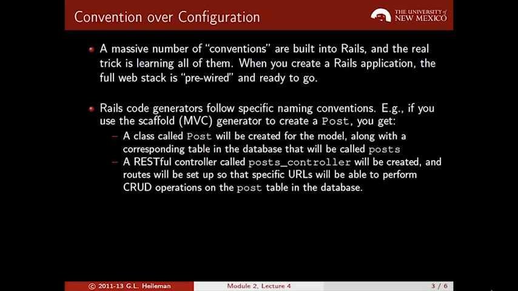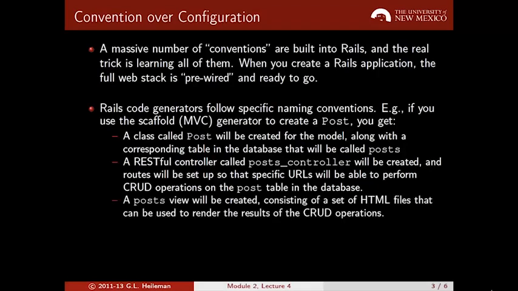And what does this mean, REST? We'll talk more about that later, but basically it means that the CRUD operations are supplied for you, the create, read, update, and destroy. If you look inside that Post controller, you'll see those. You'll see the ability to create, read, update, and destroy posts. In addition, all of the views that go with posts for displaying posts are created for you as HTML.